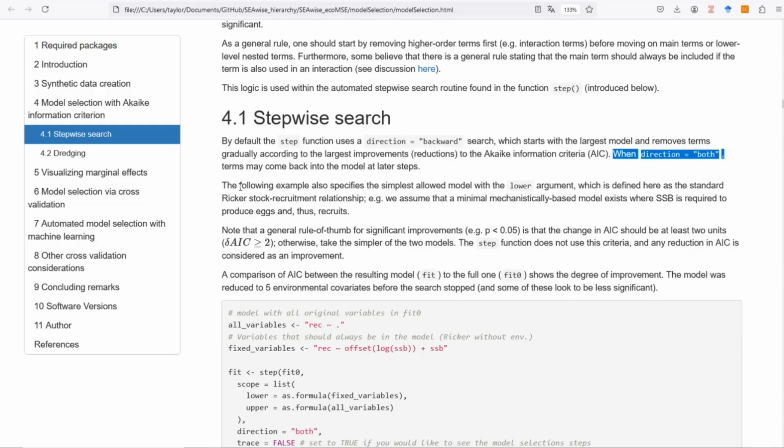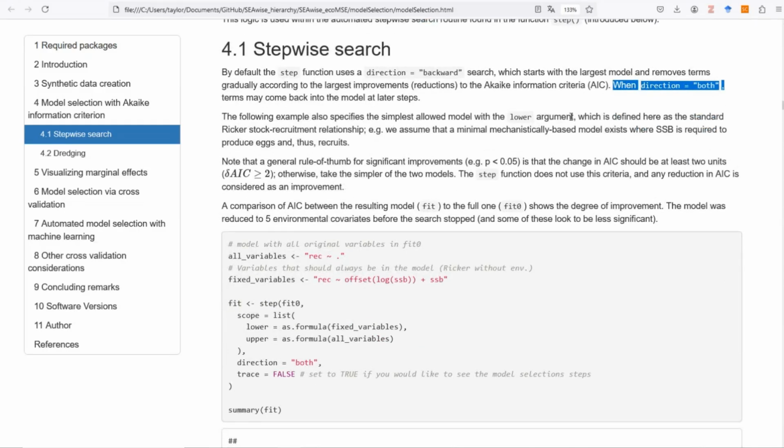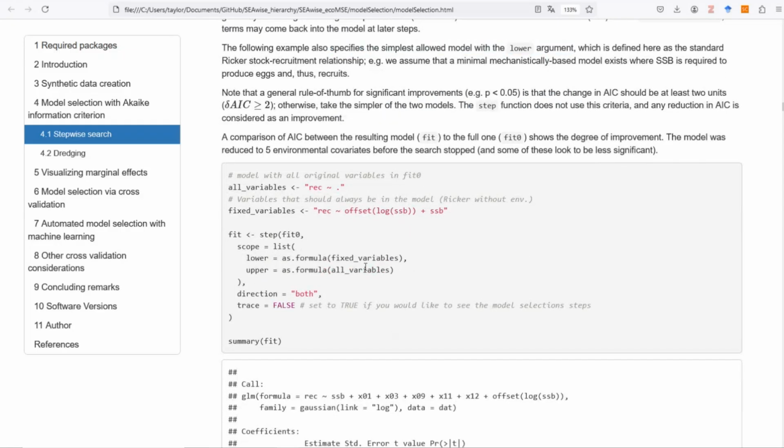Okay, what's also important for this setup is the step function includes the ability to specify the simplest model with this lower argument. So down below here, I've basically defined what the formula should look like for the simplest Ricker formula without any environmental covariates.